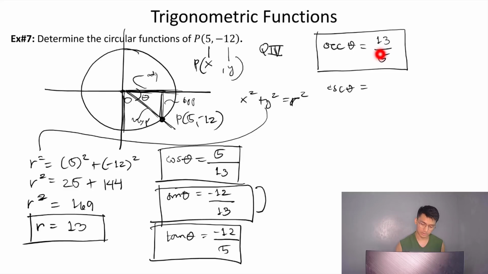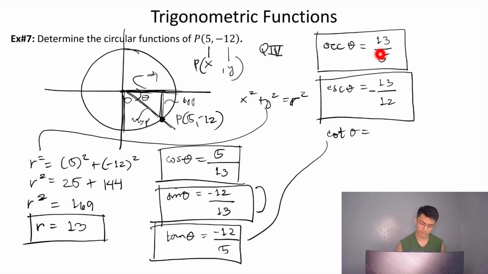Baliktarin lang natin ito. 13 over 12 negative. For the last value na kailangan natin, the cotangent theta, the reverse function of this, baliktarin lang natin, we have 5 over 12 negative. So, eto na po yung ating circular functions given only the coordinate of 5 and negative 12. So, this is our example number 7.